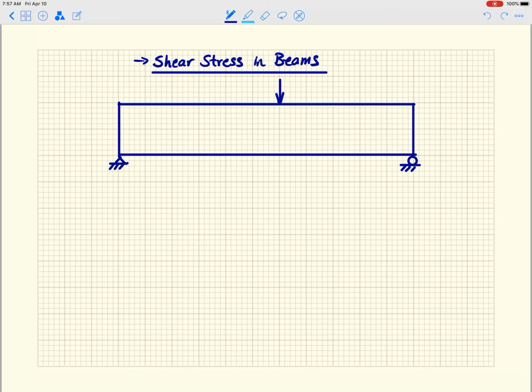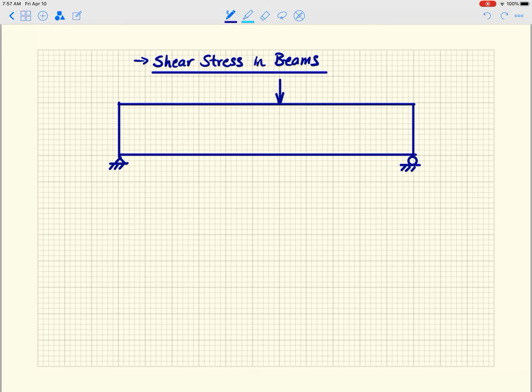So in general, from a strength standpoint, in terms of making sure that the capacity of the beam is greater than the demand, there's two things we've got to check. We've got to check that it has the proper flexural capacity to meet the demands. We've also got to check that it has the proper shear capacity to meet the demands.